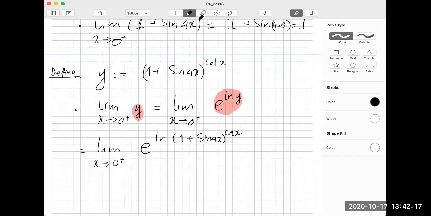Now, which rule should we use? The logarithmic power rule. Perfect. Thank you, Daniel.